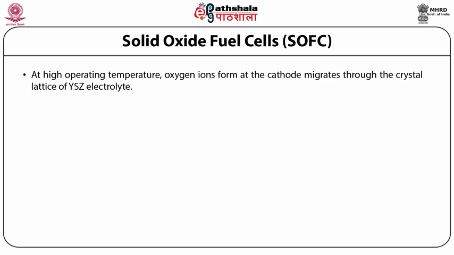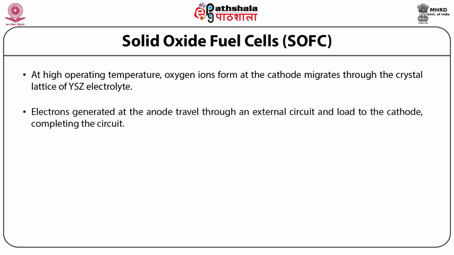The oxygen is supplied usually from air at the cathode. Electrons generated at the anode travel through an external circuit and load to the cathode, completing the circuit. Oxygen combines with electrons at the cathode to form oxide ions, thus completing the reaction.